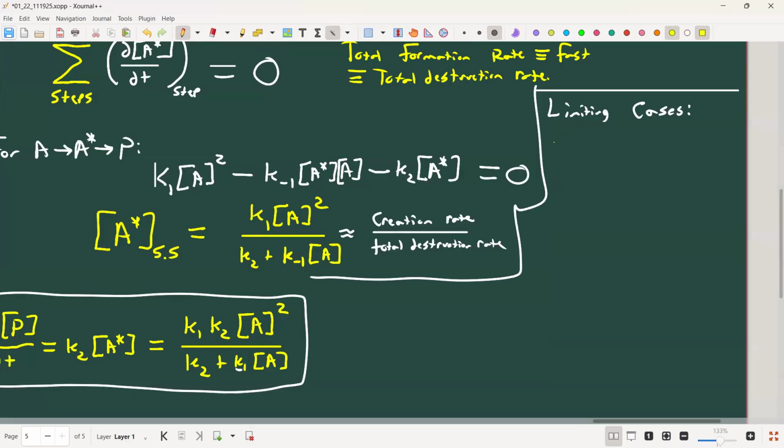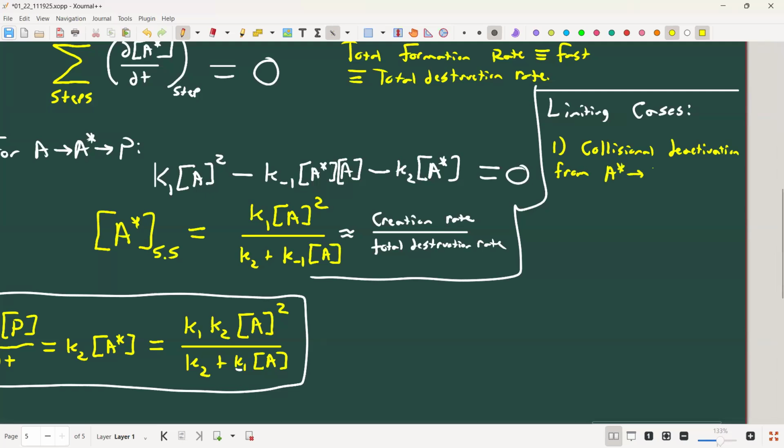Right, so let's assume that collisional deactivation from A star to A dominates.